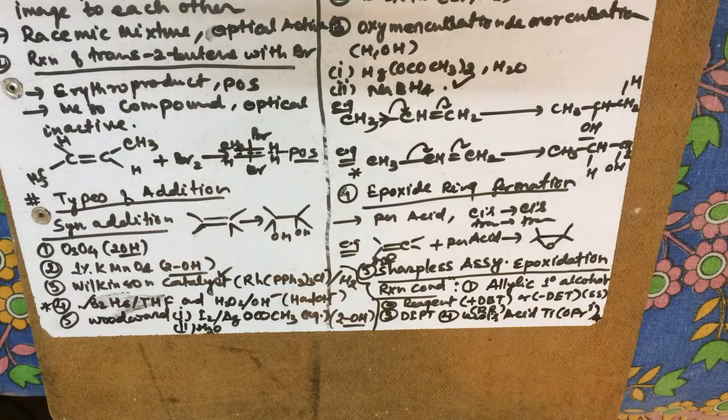So this is the reaction condition. If your reactant, meaning your substrate, is an allylic primary alcohol and undergoes this reaction condition, then you can surely say your reaction is Sharpless asymmetric epoxidation.